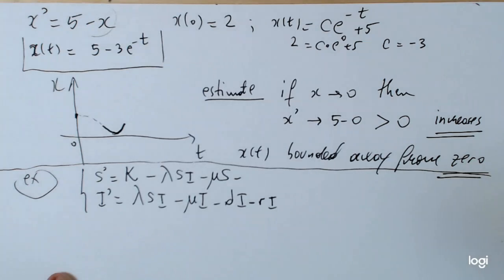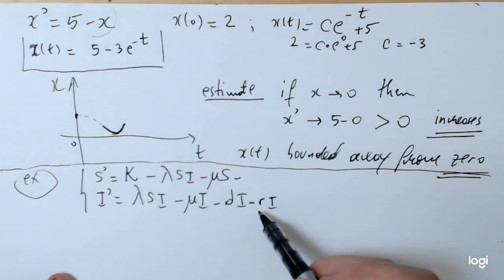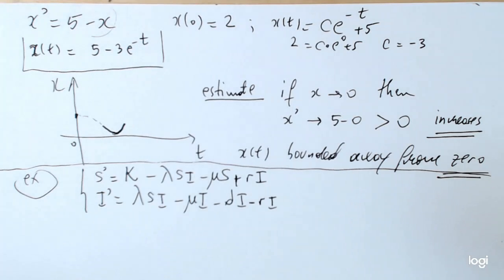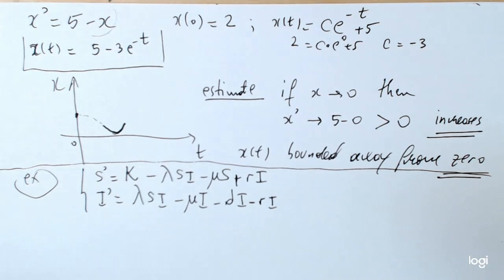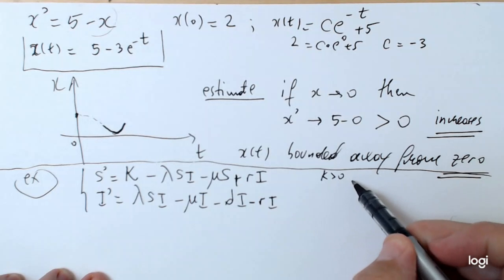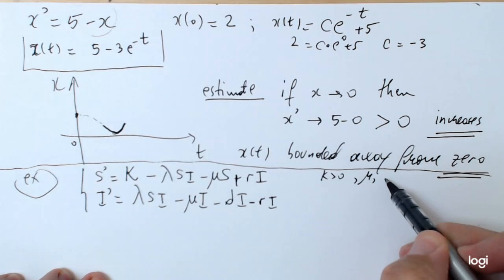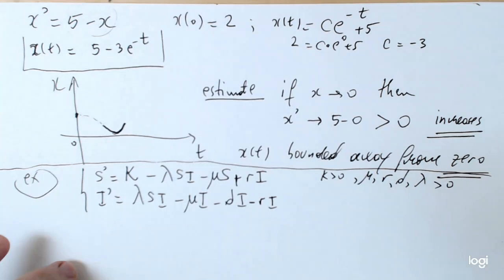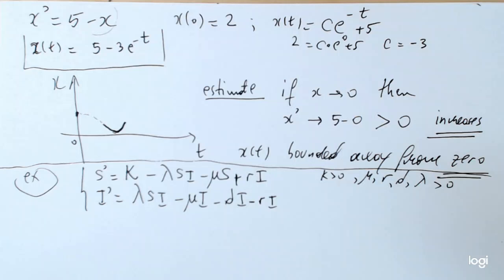So let's put some transfer back from I to S. Once again, these are all biological constants: K greater than 0, mu, R, D, lambda, all positive constants. The infection rate, the death rate, the recovery, and so on.